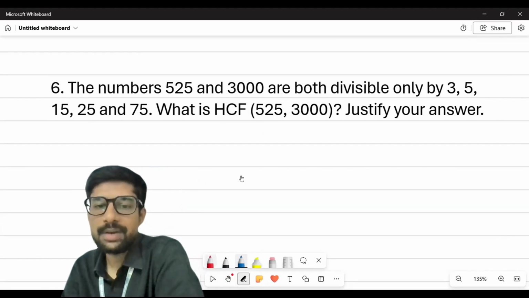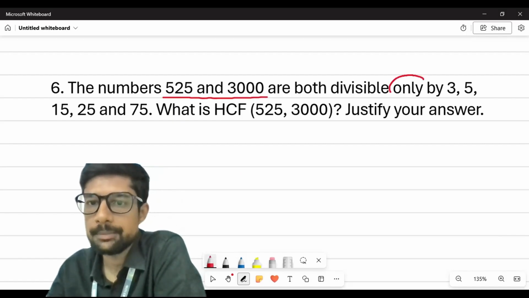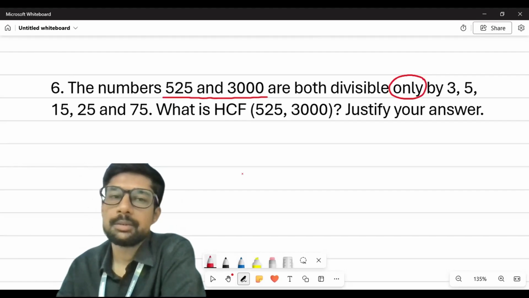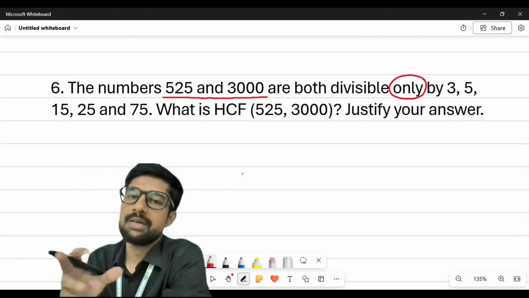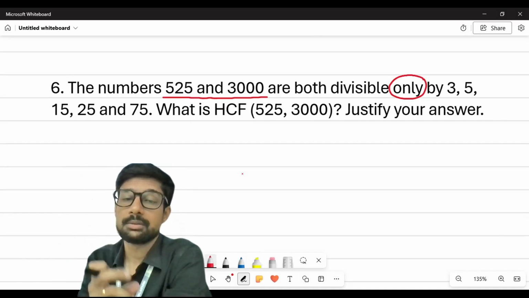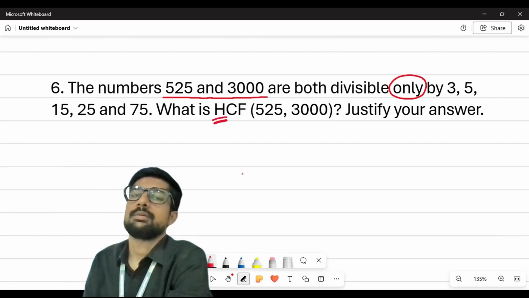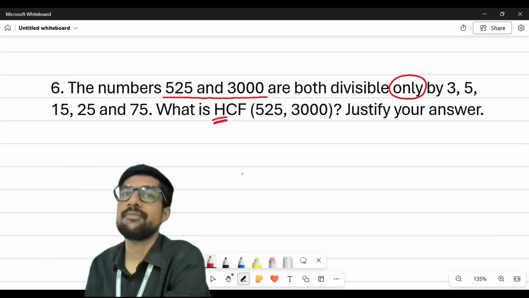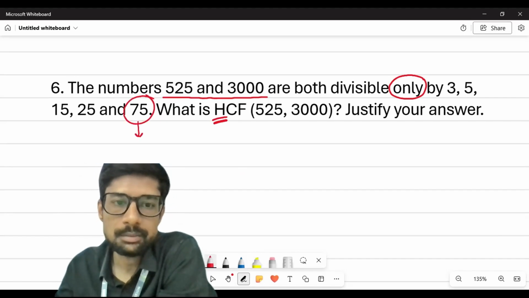It says the numbers 525 and 3000 are both divisible only by 3, 5, 15, 25 and 75. So all of these numbers are dividing them. They all are the factors. And what we wanted is the highest common factor. So that's 75. That's the highest common factor.